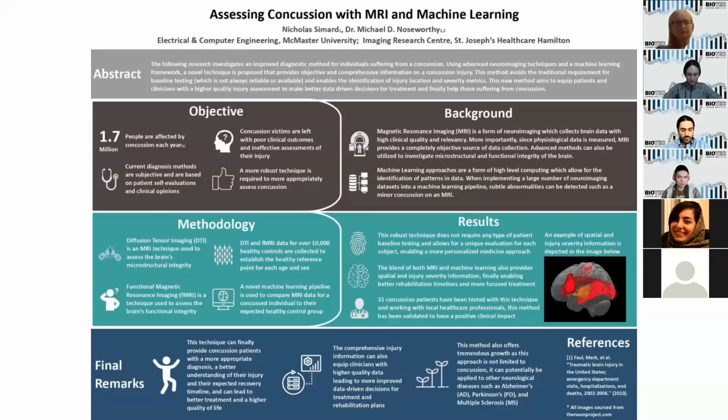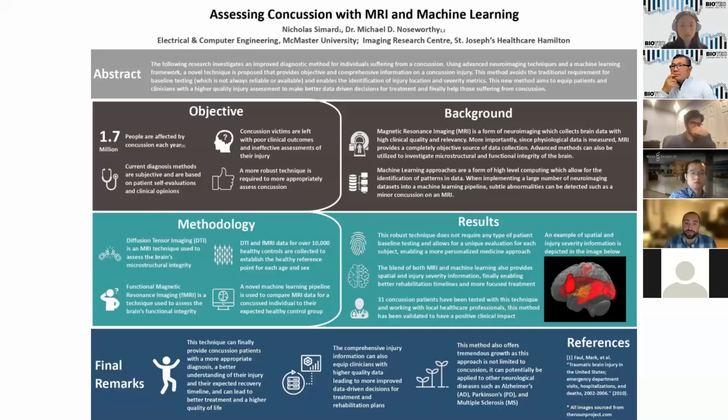To provide some background for a new and exciting concussion assessment approach, we need to understand two key concepts: magnetic resonance imaging, or MRI, and machine learning. MRI is a form of neuroimaging which collects brain data with high clinical relevancy. More importantly, since physiological data is measured, MRI provides a completely objective source of data collection.